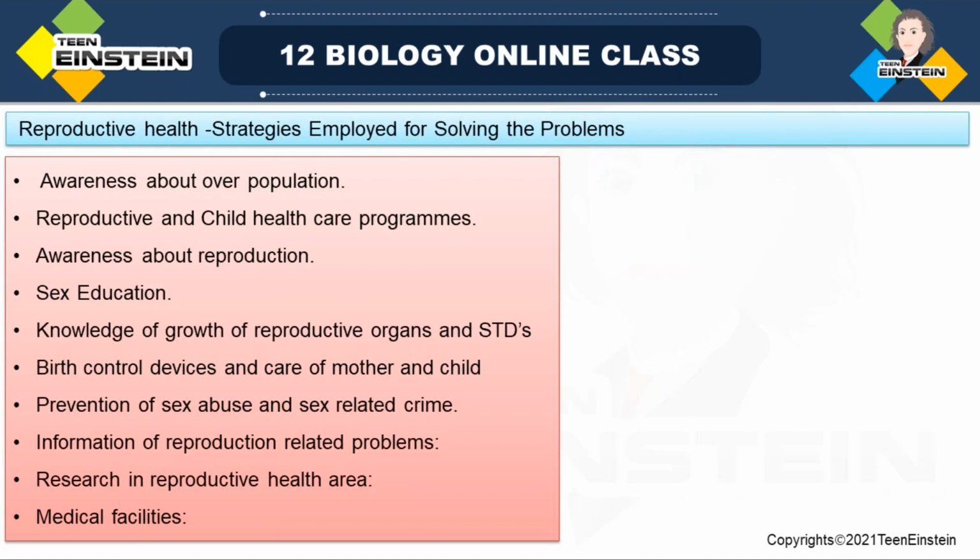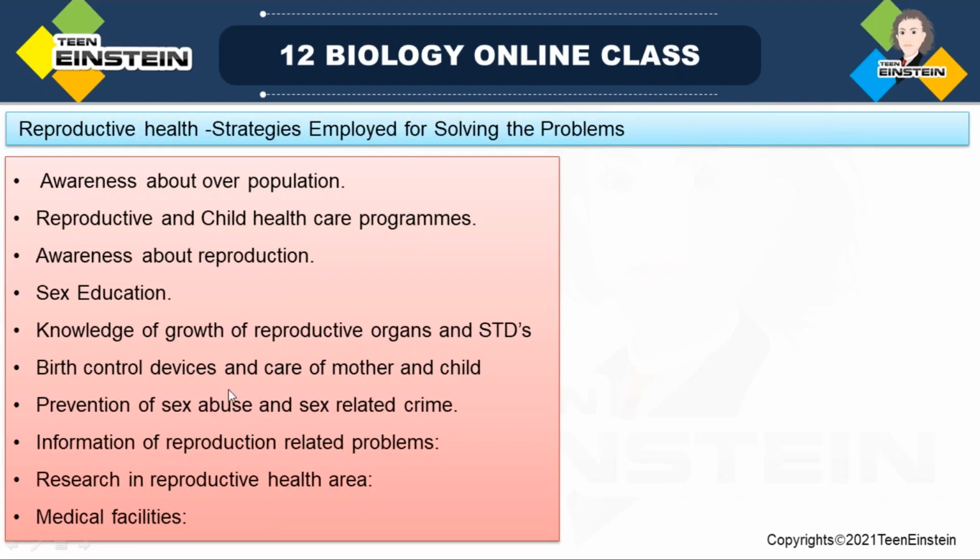Then safe and hygienic sexual practices, and sexually transmitted diseases, diseases like AIDS, gonorrhea, herpes, etc. All this will help them lead a reproductively healthy life. So proper information about reproductive organs, adolescence, safe and hygienic sexual practices, and thorough knowledge about sexually transmitted diseases like AIDS, gonorrhea and herpes will help them lead a reproductively healthy life.